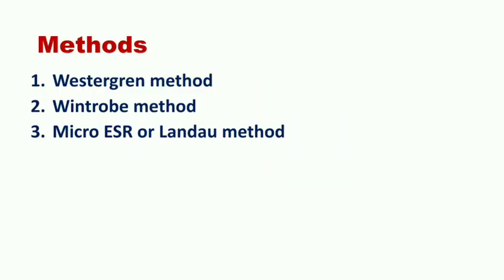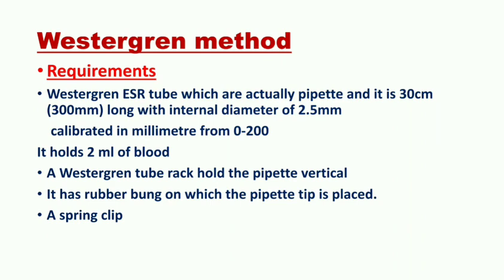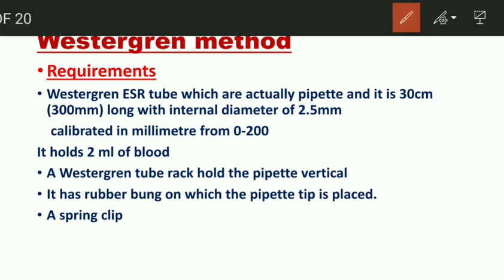There are 3 ways to determine ESR: Westergren method, Wintrobe method, and micro ESR method. First, we will look in detail at the Westergren method. Requirements are a Westergren tube first, which is actually a pipette that is 30 cm long and has an internal diameter of 2.5 mm.